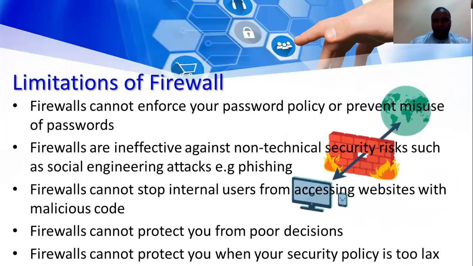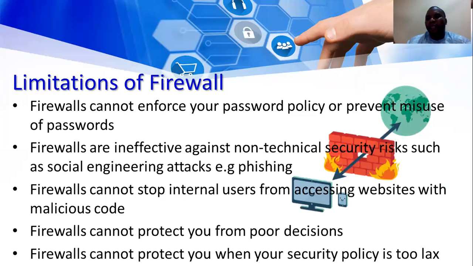Firewalls are ineffective against non-technical security risks. What do I mean by non-technical security risk? A good example is social engineering attacks. For example, you are connected to the internet, you visited a website, and now you want to go to a particular web address.